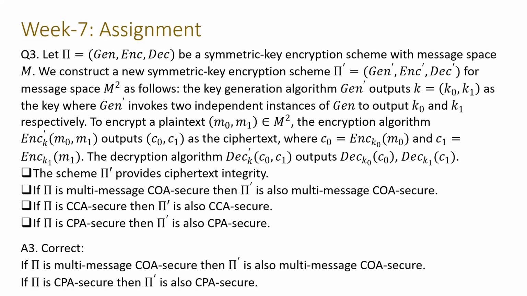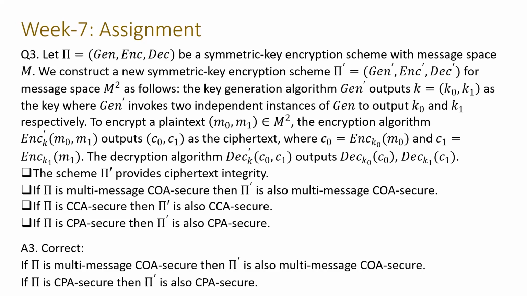And the second set, Ci1 for i belonging to 1 to q, is nothing but the set of ciphertext that the adversary would have seen in the multi-message COA security game of the basic scheme pi with respect to key K1. So these are just two different sets of ciphertext with respect to two different keys of different messages.